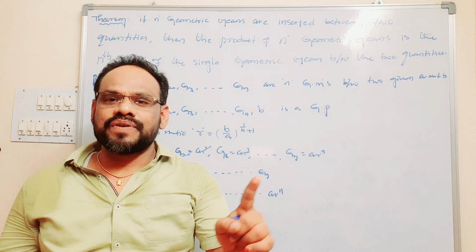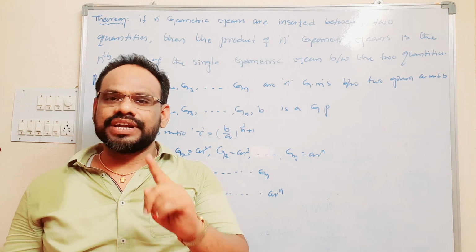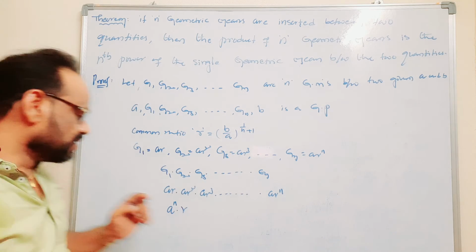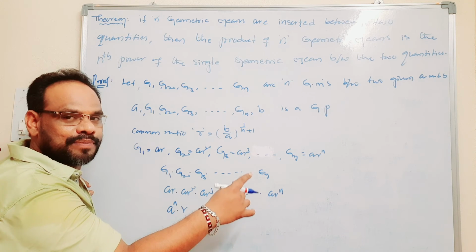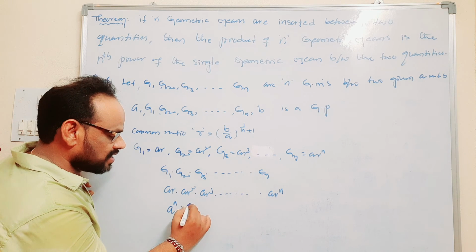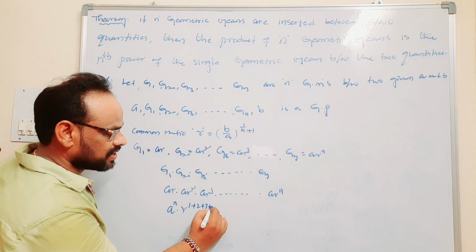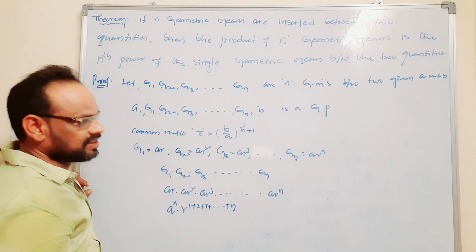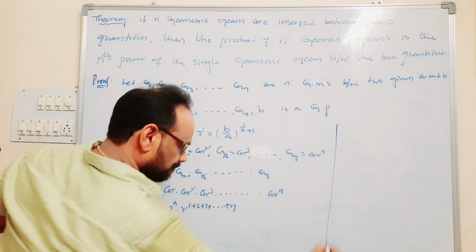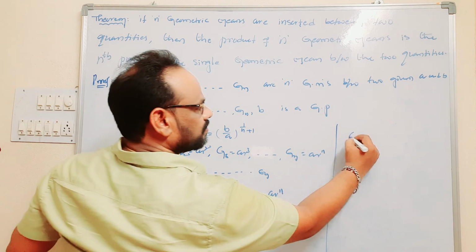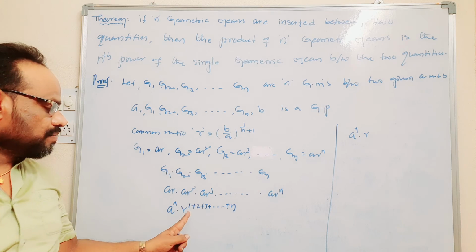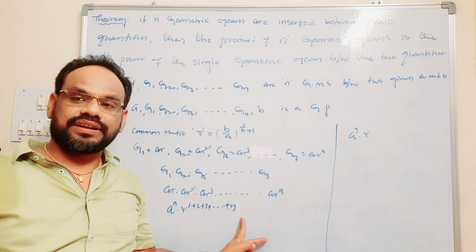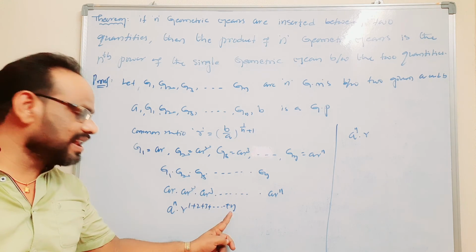We know that A power m into A power n is equal to A to the power m plus n. So R power 1 into R power 2 into R power 3 and so on R power n can be written as R to the power 1 plus 2 plus 3 plus and so on plus n. That is equal to A power n into R to the power of the sum of the first n natural numbers.